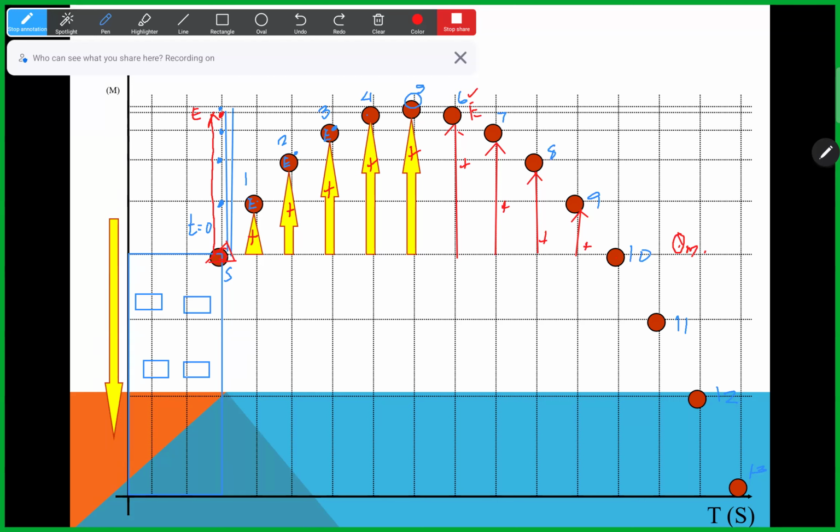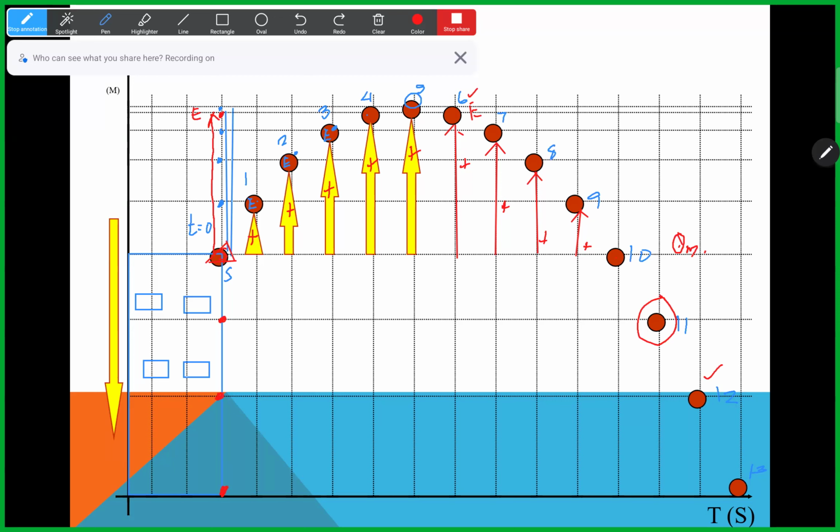So when do you get a negative displacement? You're going to get a negative displacement anywhere below your starting level. Because this 11 seconds here is in fact here. The 12 seconds there is in fact here. And the 13 seconds is right here, just before it hits the ground.